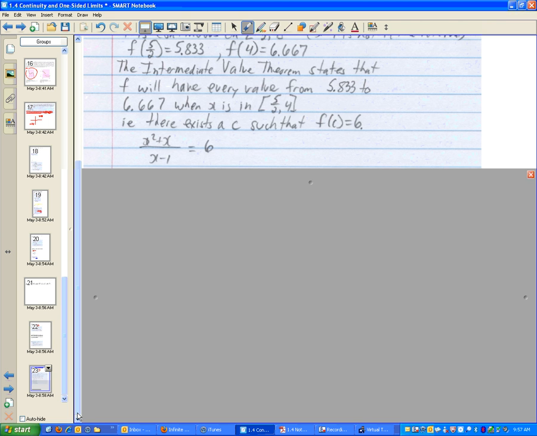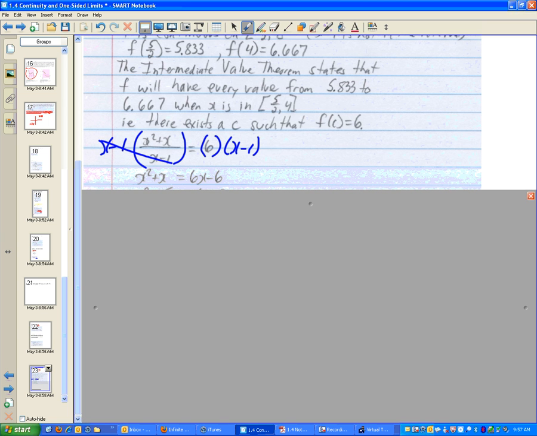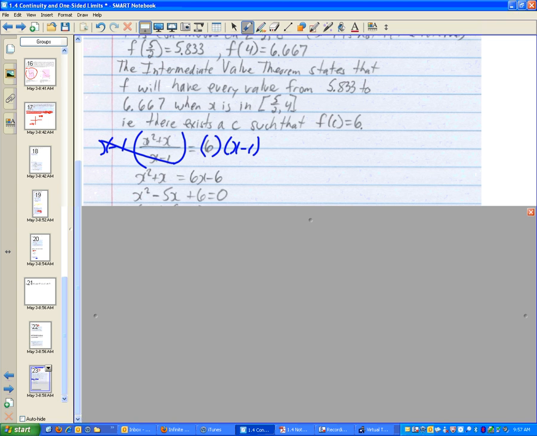Everybody with me? All right, how about we start off by multiplying both sides by x minus 1. That'll give us x squared plus x on the left. When I distribute the 6, that'll give me 6x minus 6 on the right. So we have a good old-fashioned quadratic equation. Subtract 6x from both sides, add 6 to both sides, and we have it in standard form.